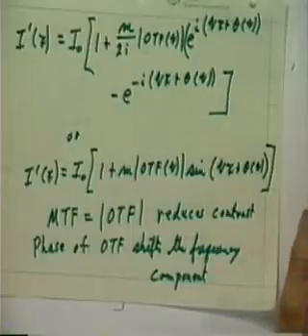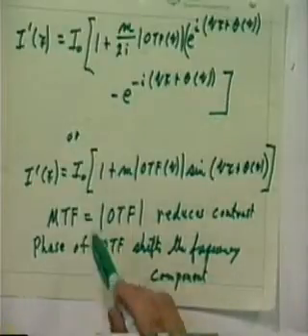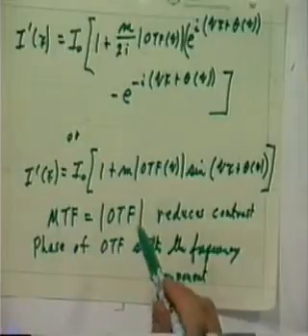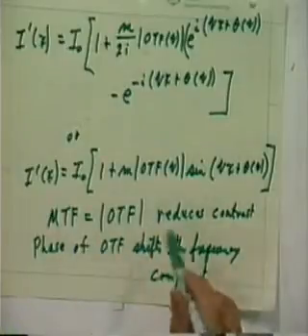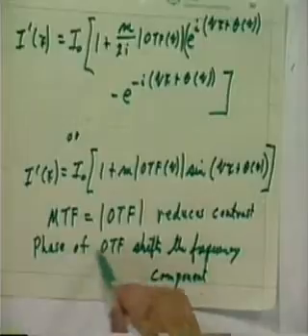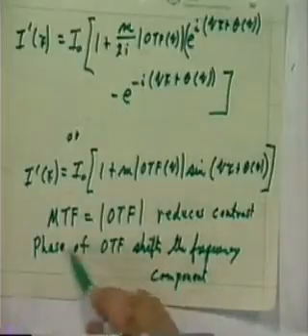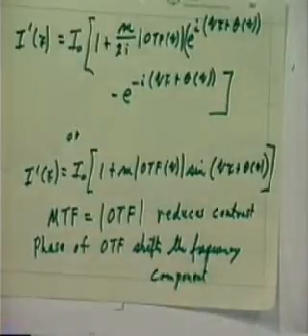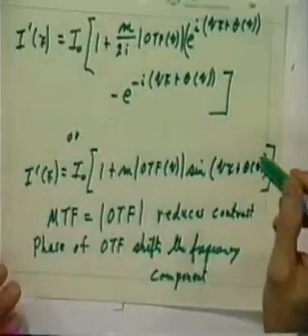Okay. Now I said in theory, we could have a high MTF and still the image could be messed up because the phase of the OTF shifts different frequency components differently.